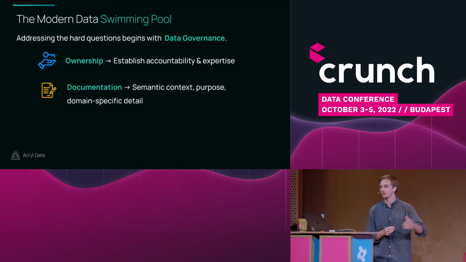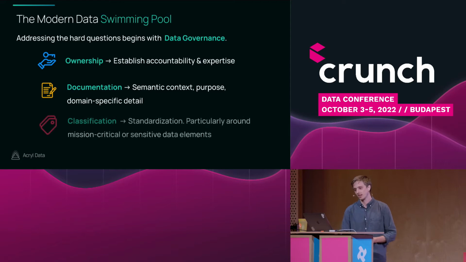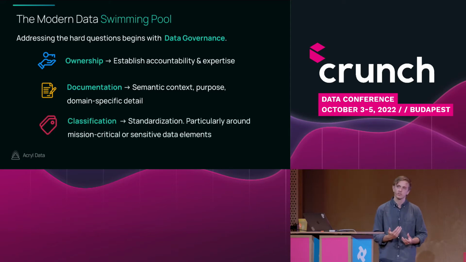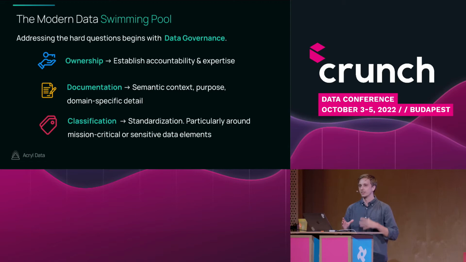So as I touched on earlier, this is a higher level understanding of what the purpose of a particular data asset is. As you all know, for GDPR, we need to keep that in mind, and we need to be able to give that to an auditor within 30 days. And then finally, classification. So this is really just standardizing the terminology that we use when we model data or we talk about data so that we can ask broad spanning questions about where is the sensitive data inside of our ecosystem.